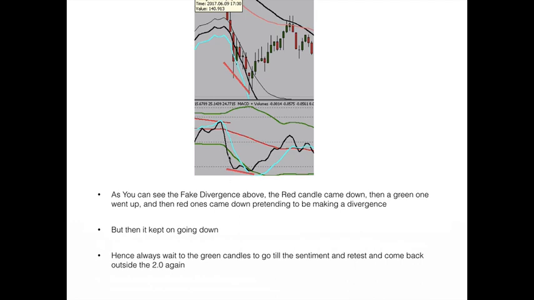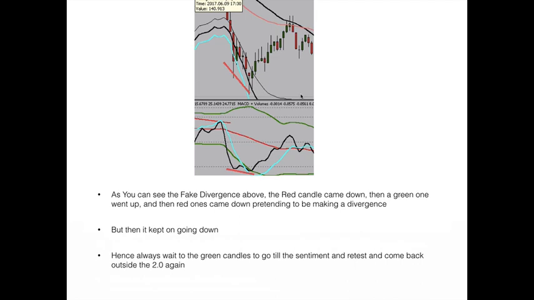But what is happening here is, you see, it came down, went up, and there will be a little bit of divergence here for a little bit of time, when you open your trade here on 2.5. But what happens is it goes again down. It goes down, down, down, and you miss your trade, and you are into losses.